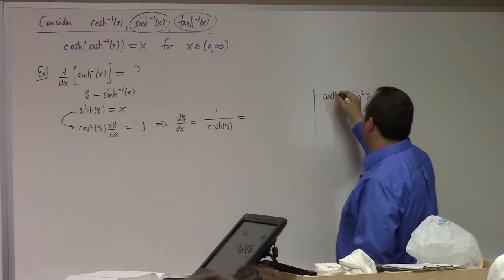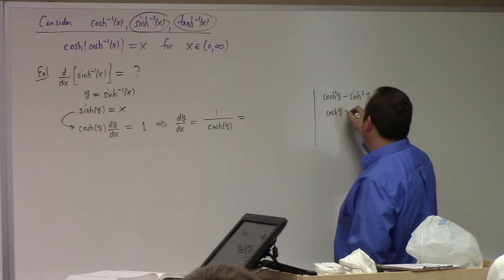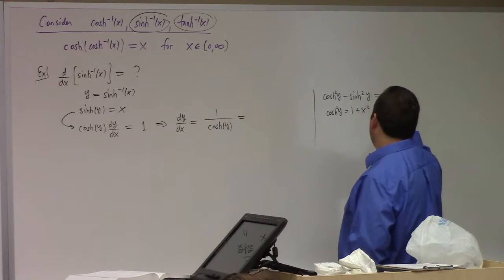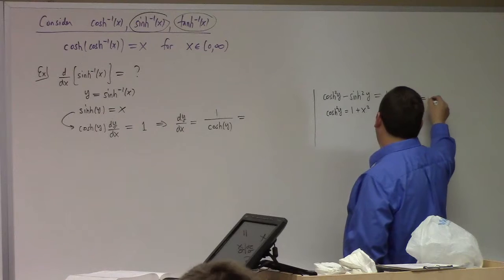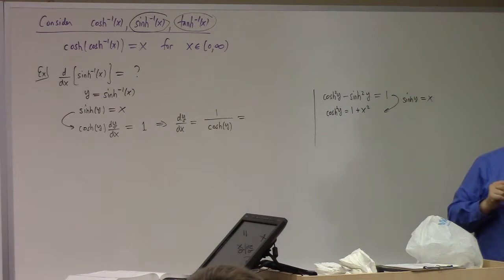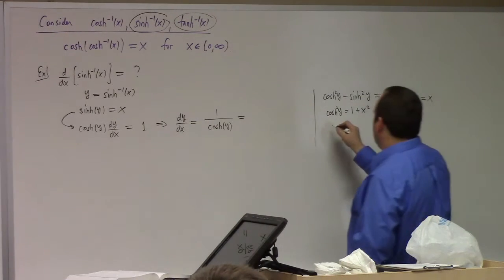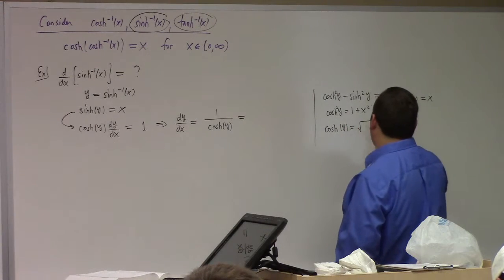In other words, cosh squared y is 1 plus x squared, right? Because sinh y is equal to x, right? So I get hyperbolic cosine squared y is 1 plus x squared, which means hyperbolic cosine of y is the square root of 1 plus x squared.